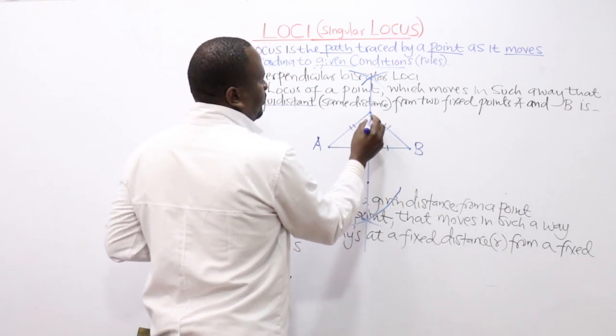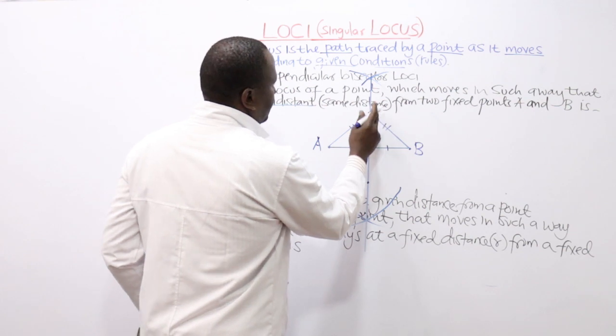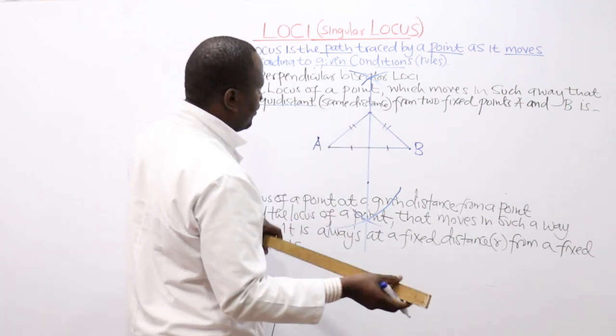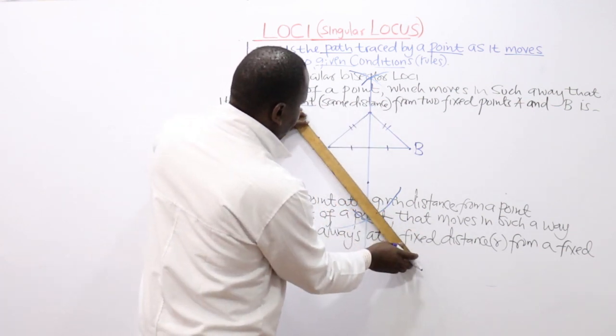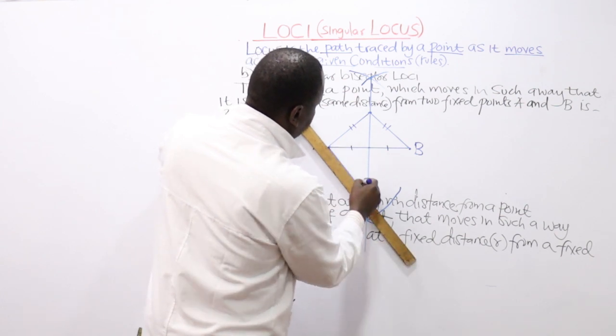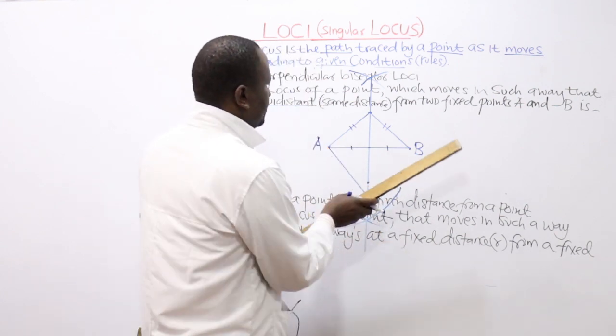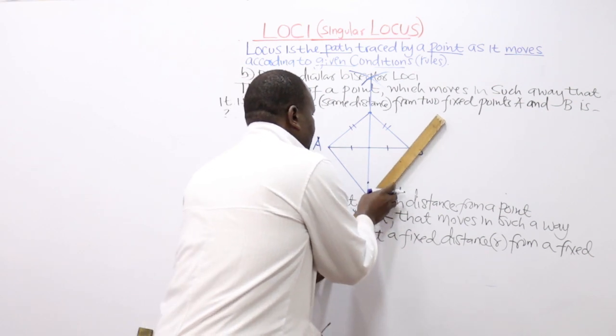So if the point is here, the distance is the same. Or if it is here, this distance is always the same.